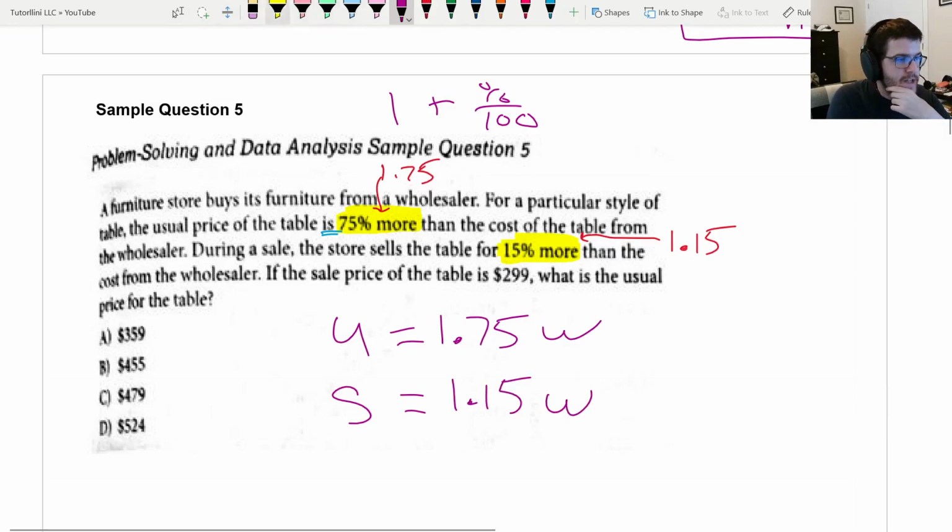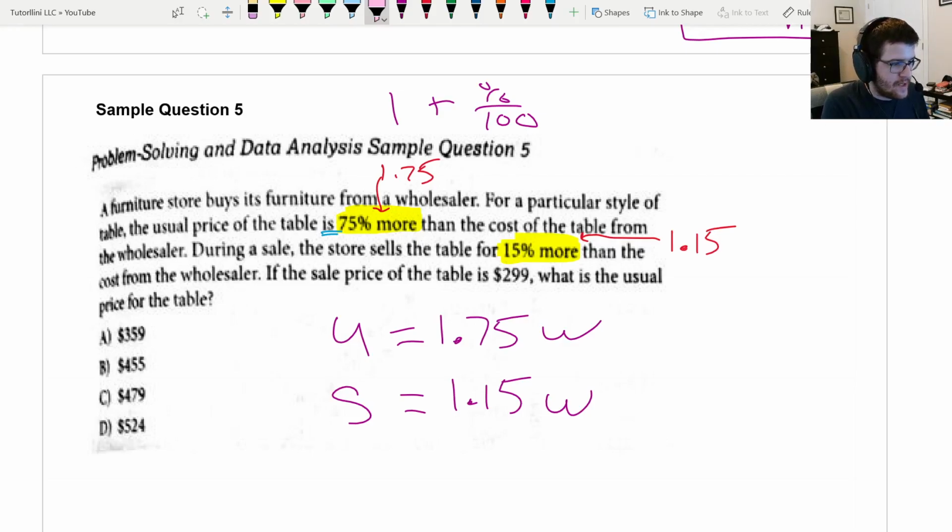And now it says if the sales price is $299, what is the usual price? Okay, so you could plug in S, solve for W, and then plug in for the other one. So why don't I do that?